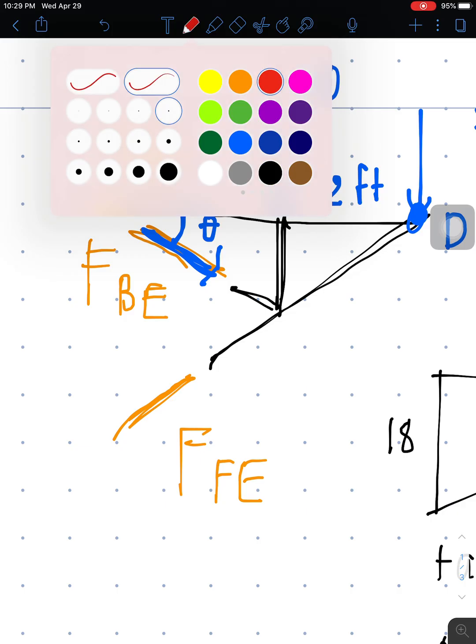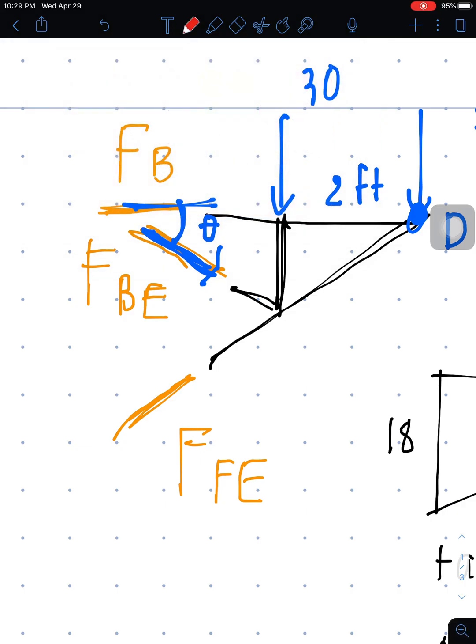So now that we have the value of theta, we can get the components of this force. Let's use red for the components. This is FBE sine of theta, and the horizontal is FBE cosine of theta.